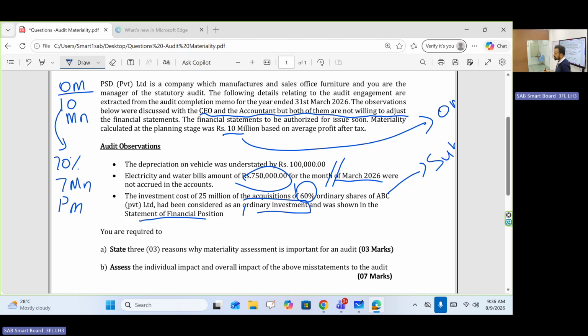The understatement of depreciation on vehicle by 100,000 is not a material transaction.